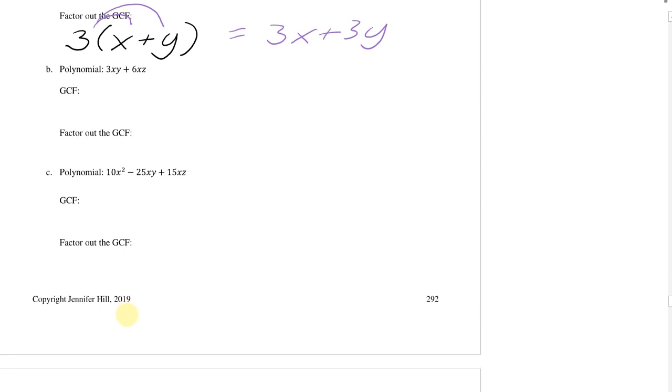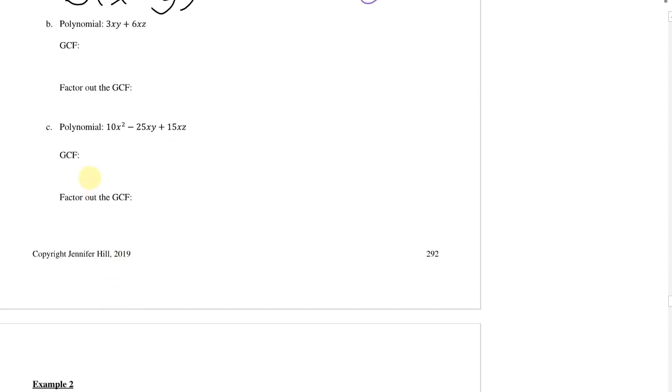Okay, so looking at the next one, be a little careful with the GCF here. Now I've got 3xy plus 6xz. It's not just the number that they have in common. Both of these are divisible by 3, but they also share the letter x. So in this case, my GCF will be 3x, and that's what I want to factor out. So I'll write the 3x here.